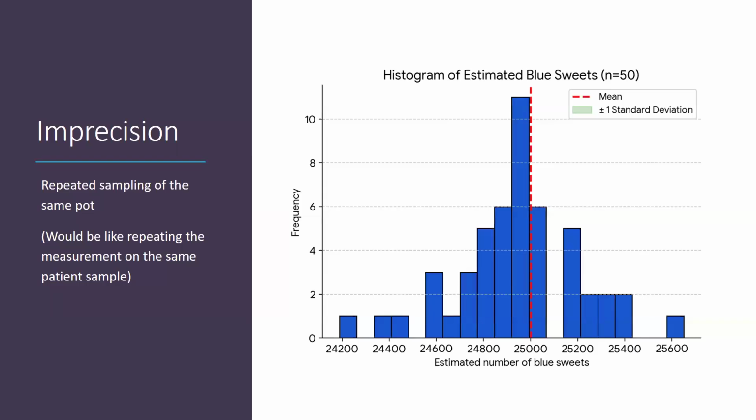So here's an example histogram for if you repeated this sampling process 50 times. This is like repeating the same measurement on the same patient sample 50 times. You can see that there is a central most common value and a spread of values around this. And naturally, we measure molecules per volume to remove the need to multiply up to get absolute values.